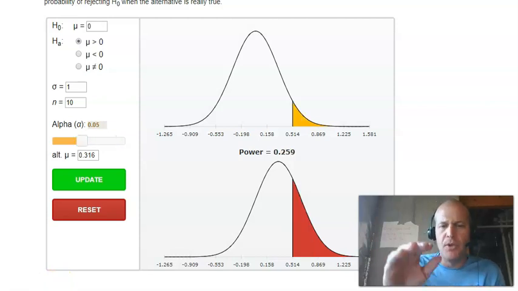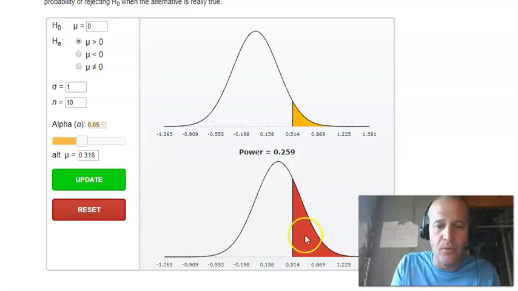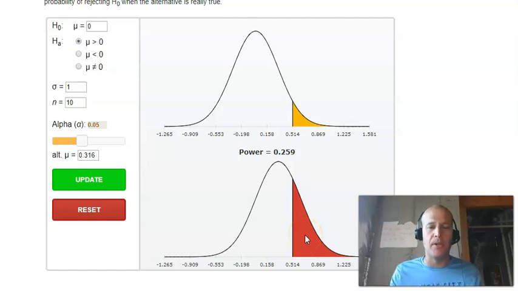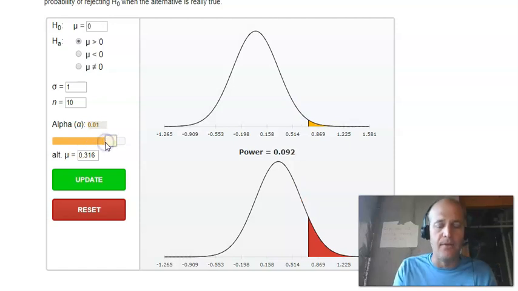So the distribution below the orange one is the power of the test. Assuming that the alternative is true, assuming that it's more than 0, then the red area represents the probability I'll find a statistic that has me reject the null hypothesis. And notice what happens if I decrease the alpha level.